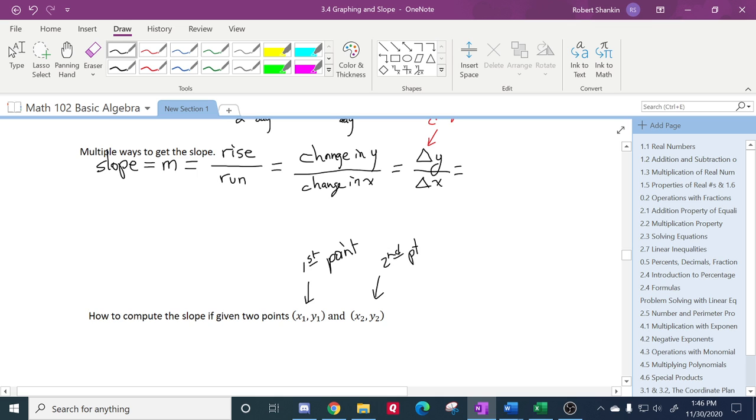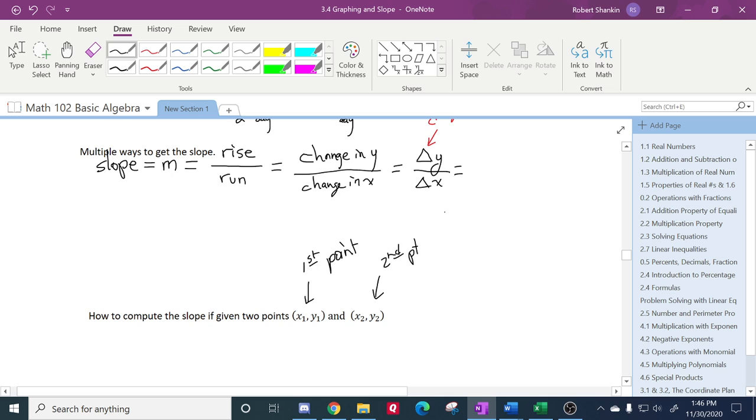If that 2 was in the upper position, it means squared. If it's in the lower position as a subscript, it just means it's a different letter than this one. So these are x coordinates, but that's the first x coordinate, and that's the second x coordinate. Okay. How to compute the slope if given 2 points. So we call them x1, y1, x2, y2.